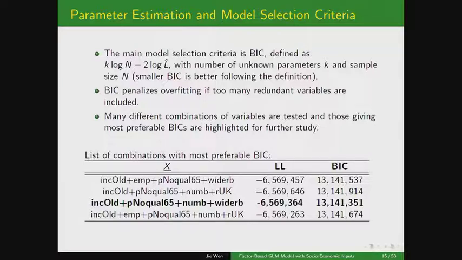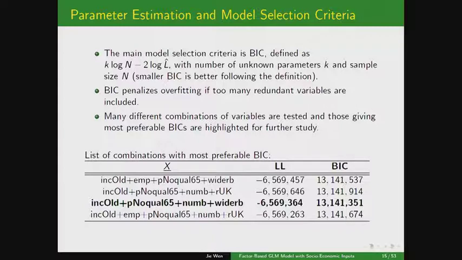We can see these are combinations of socio-economic factors. We have the income old score. We have the employment deprivation score. We have the proportion of population with no qualification degree above age 65. We have number of bedrooms, and we have the wider barrier score. We have the ratio of UK-born population here.